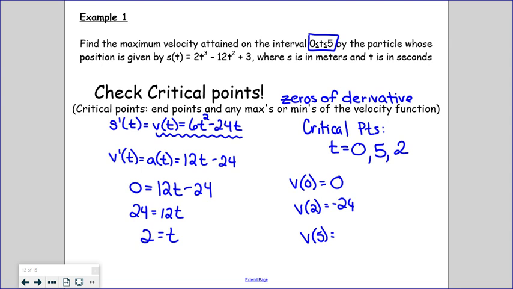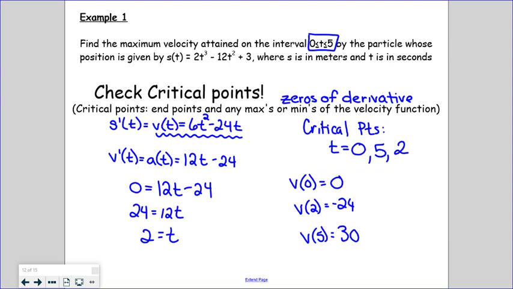If I were to call your name, would you be able to tell me at time equals 5? 30, yes. You guys aren't getting the hint. Get your calculators out and do some math. Okay? I'm not going to do this for you.